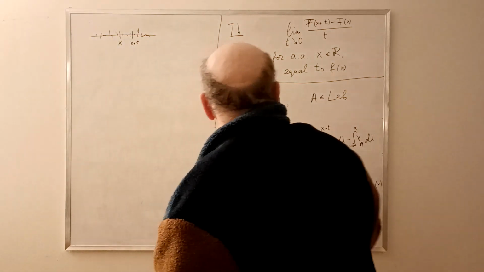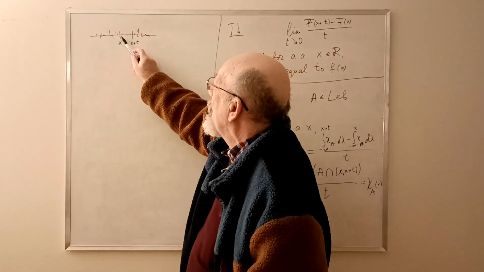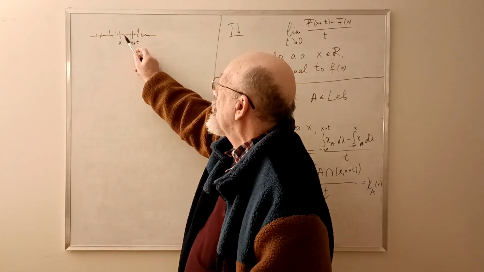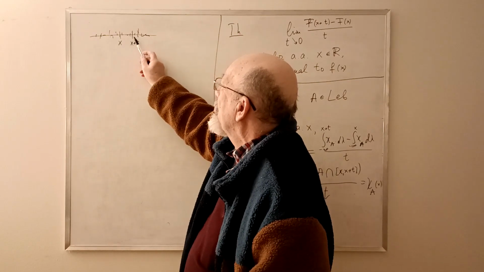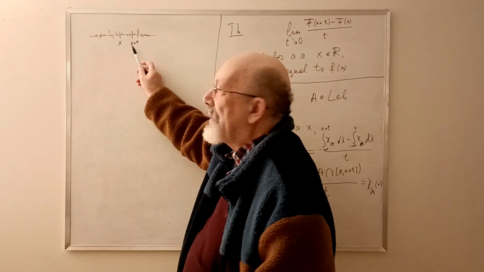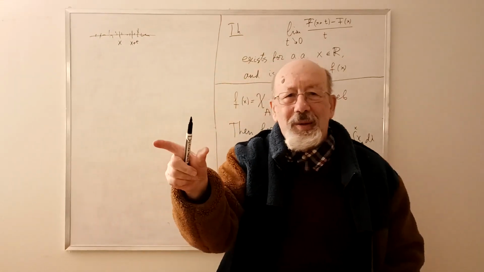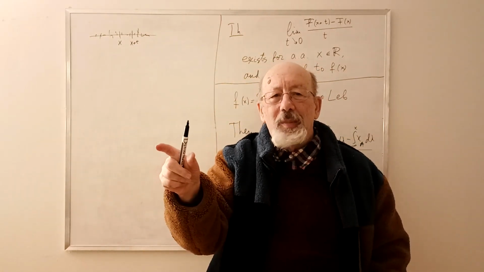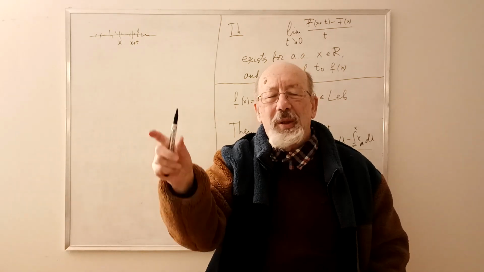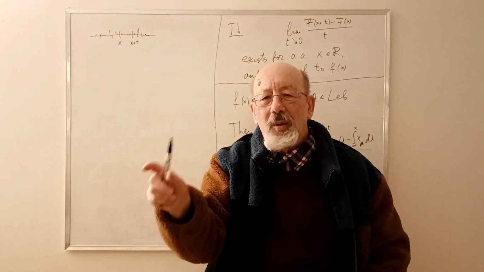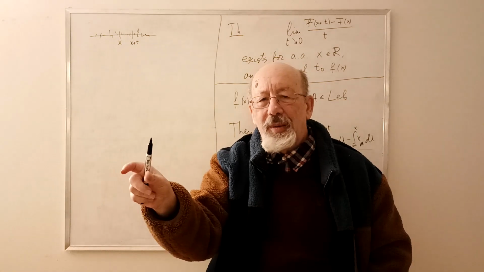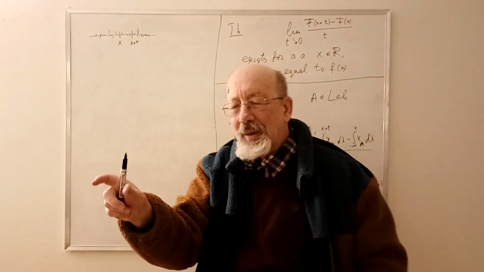It is the mean density from x to x plus t: we take the mass divided by the length, so it is linear mean density.